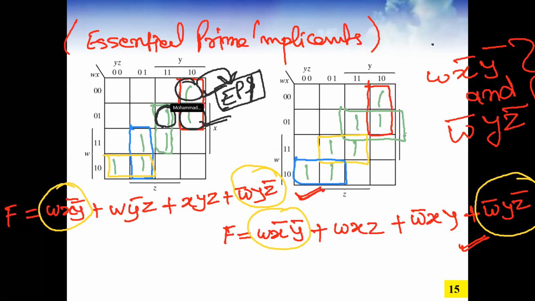Okay. Now check the other minterm. Can you combine it any other way? Yes. So both minterms can be combined in different ways. So this is a non-essential prime implicant. Clear?